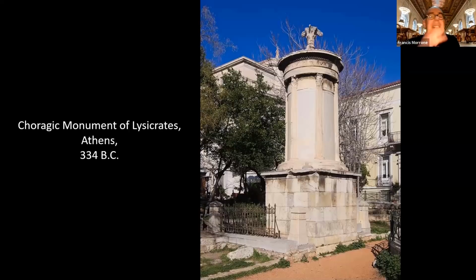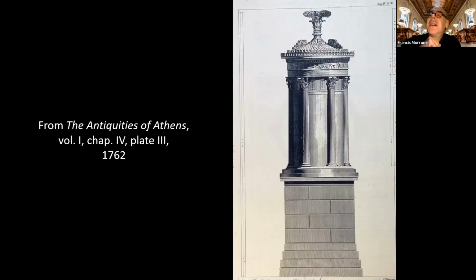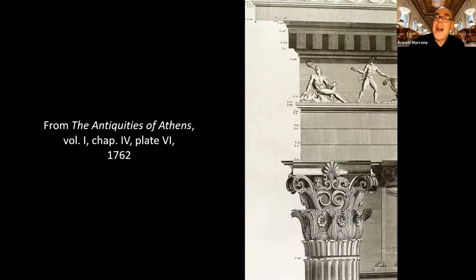What's special about this? It certainly doesn't look like anything special. So much of the detail has worn off over the years. It's a little sad. But this is how Stuart and Revett figured it looked originally. And what it features so prominently and so beautifully are these things: Corinthian columns.